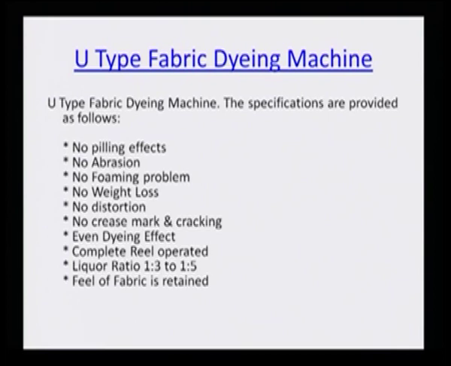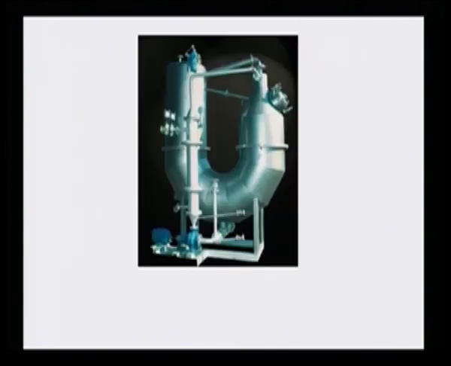Still there is no distortion, no weight loss, and the yarn or fabric does not crack or break, and above all it gives very even dyeing, which is very advantageous. This is how the U type dyeing machine looks, and it is very well controlled and produces very good results.